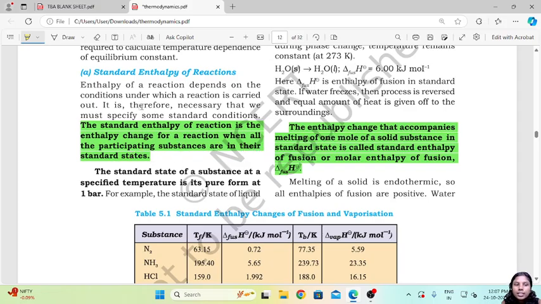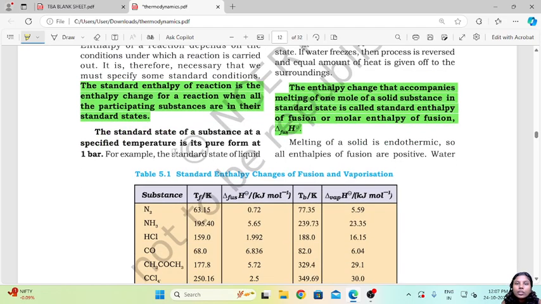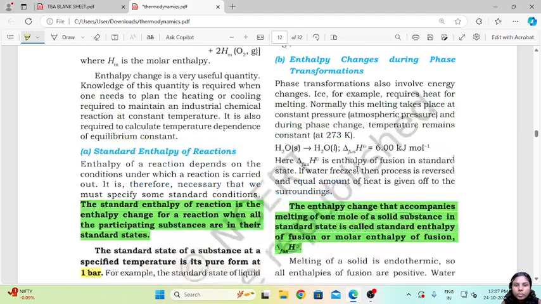So the standard enthalpy of reaction is considered only when all of the reactants or the substances that are participating in the reaction are in their standard state. The standard state of a substance at a specified temperature is its pure form at 1 bar. So we have to mostly focus on this 1 bar of pressure.